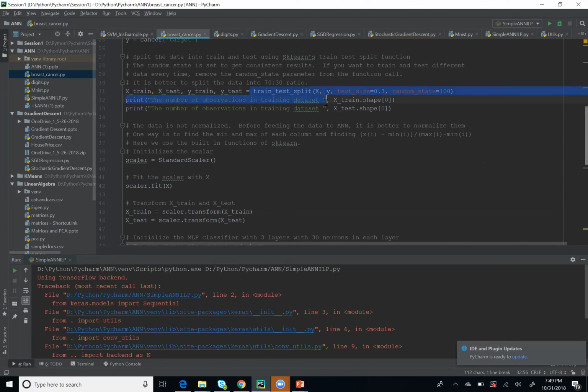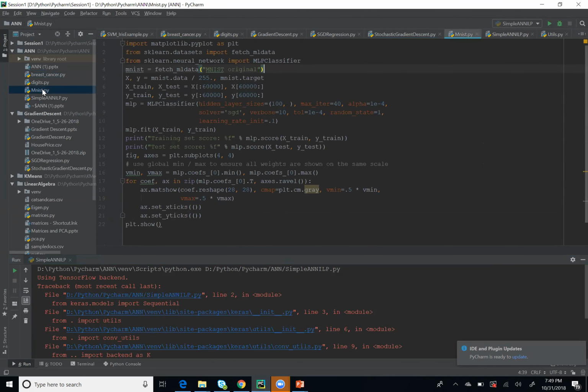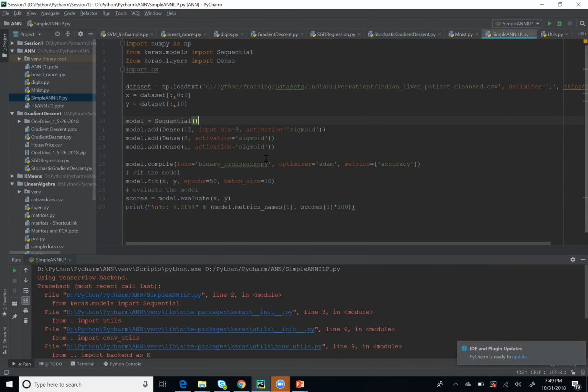But in this case, we are doing the k-fold validation in batches of 10. So we keep 10 of them aside, and then we train on whatever is there, and then we evaluate this, and then we again evaluate the next 10, things like that. So it's a very simple algorithm.